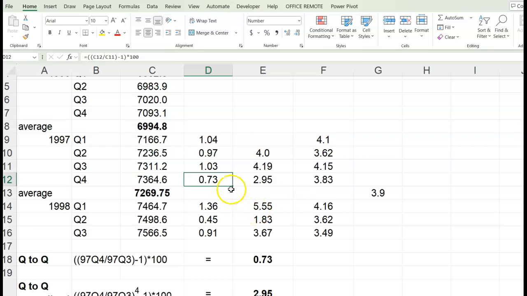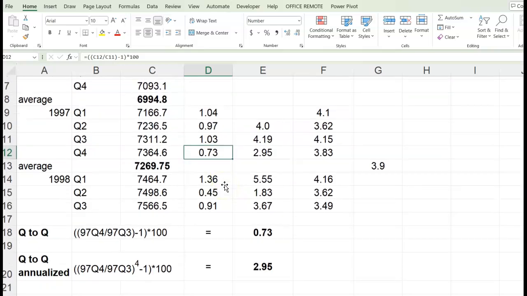Now, what some people want to do is, well, what if this rate of change continued for four more quarters? So this is the first quarter, second quarter, third quarter, fourth quarter. How much would this number grow if it grew at a rate of 0.73% in one quarter?